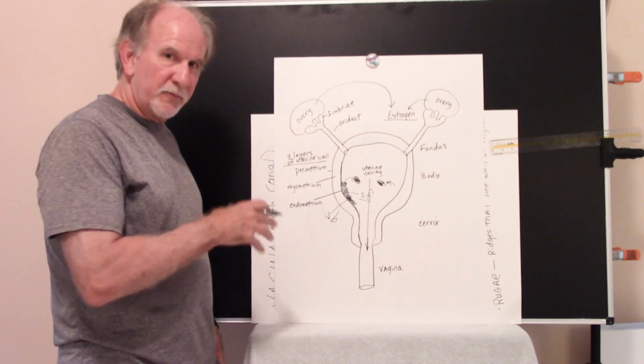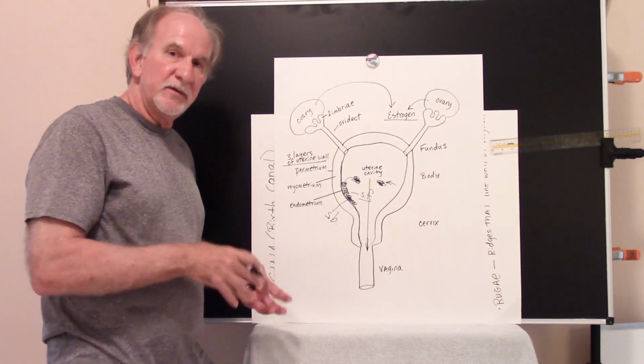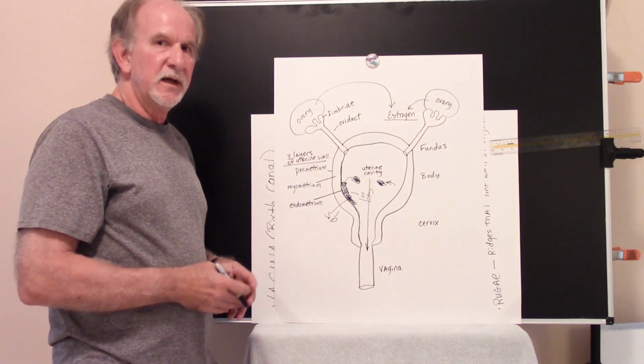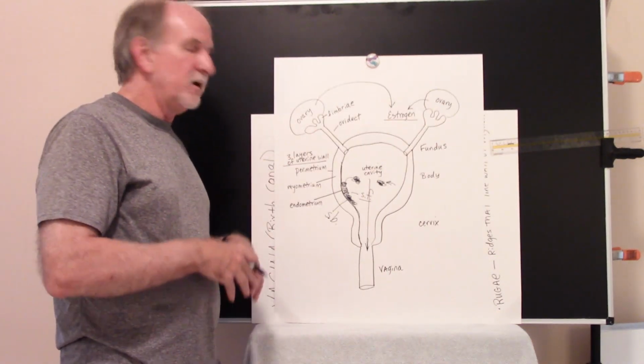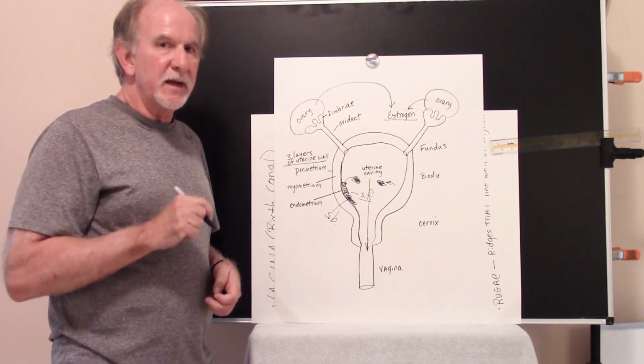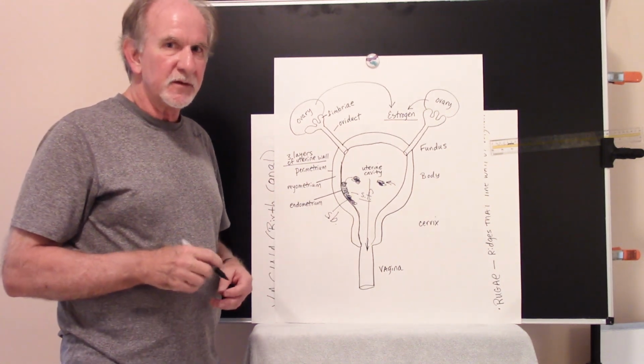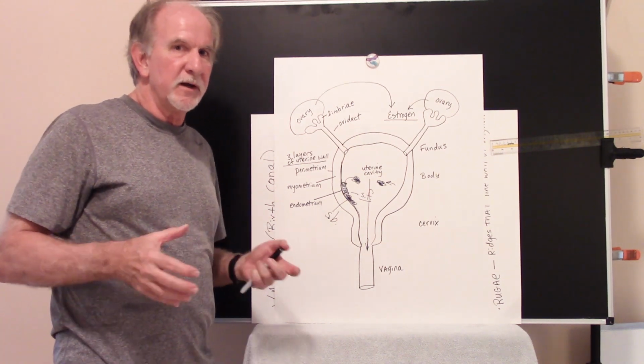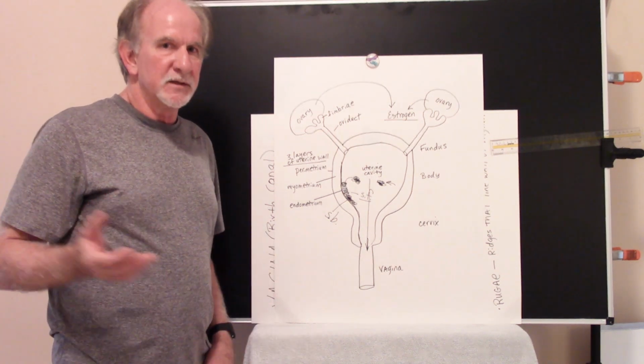So the functional layer grows out and then it's shed, and it's shed all the way back to the basal cells, and then the basal cells grow the functional layer again. The basal cells are never shed during menses, but the cells that make up the functional layer are shed during menses.